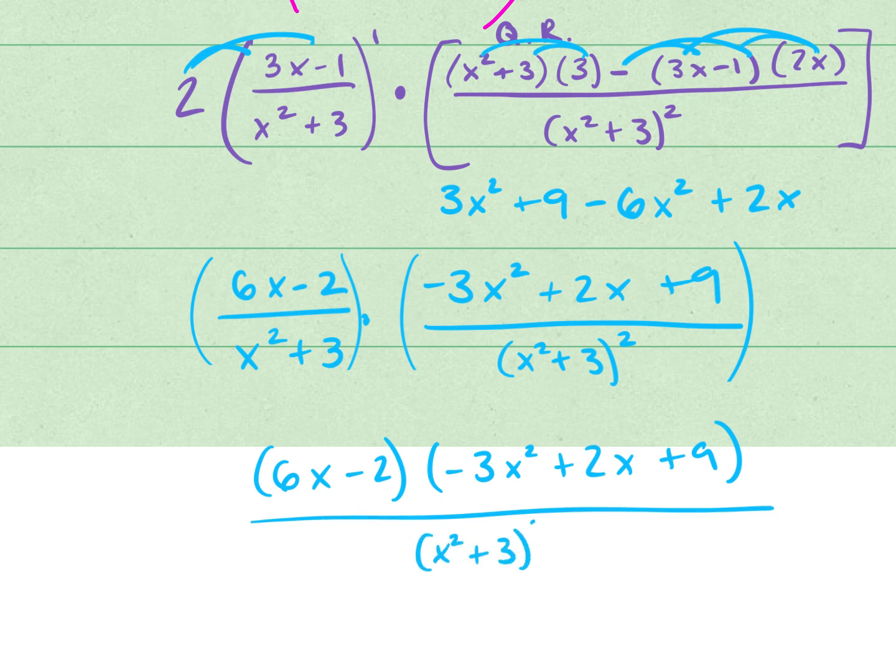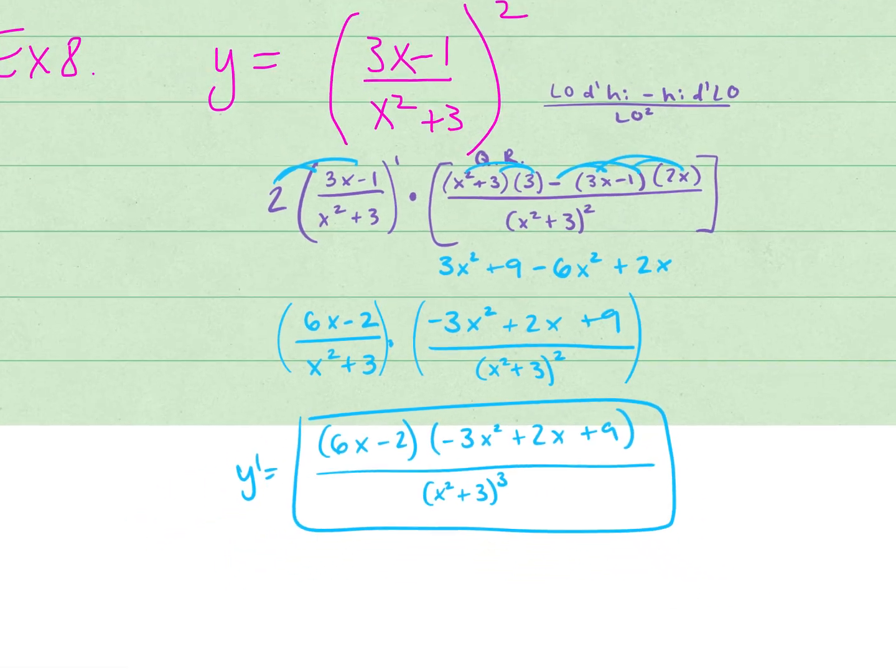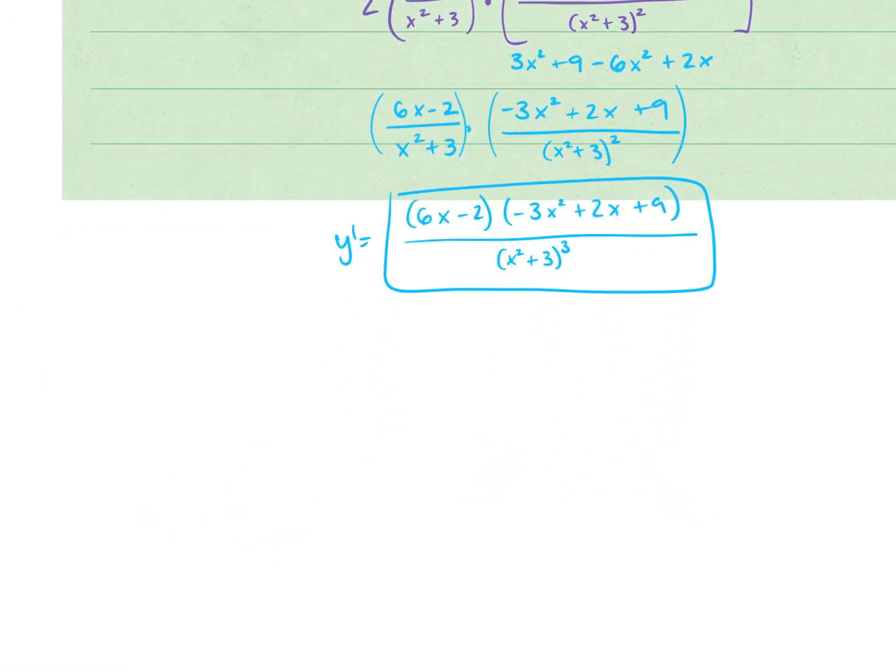X squared plus 3 cubed. This would be fine as an answer. What else could we do to simplify it? I can FOIL out the numerator. But this works for now. But we're going to do one more example.